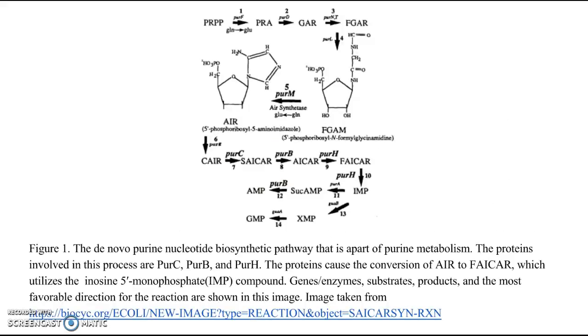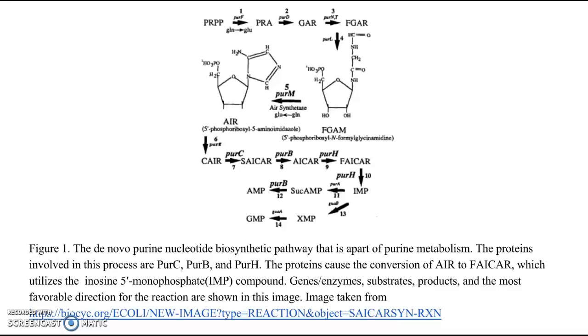The first figure I'm showing is the de novo purine nucleotide biosynthetic pathway that is a part of purine metabolism. As you can see in the figure, the proteins I discussed earlier, PurC, PurB, and PurH, are all involved in this pathway. And they're involved in converting AIR to FAICAR, which utilizes the inosine 5'-monophosphate IMP compound.